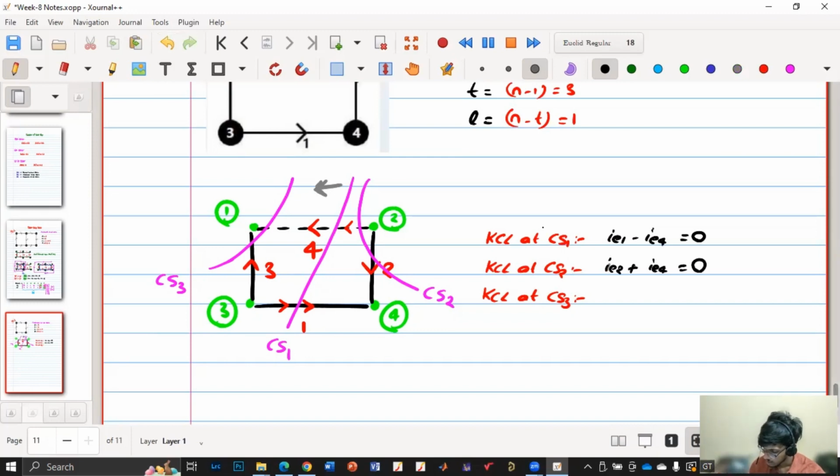And the cut set 3, say we'll consider now in the other side. So let me just erase this. For cut set 3, say we are considering this region. Now we have the current in this direction here, in this direction here. So only two people are answering. Maybe I'll ask Nia, can you tell me what is the equation for cut set 3 KCL? Both are in this direction.